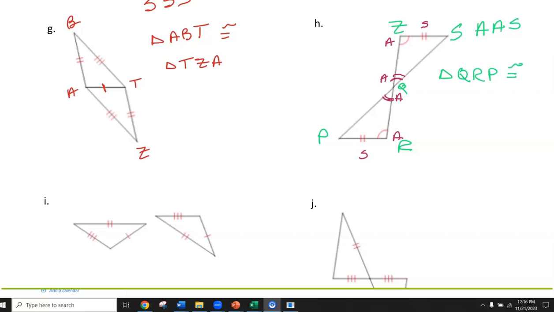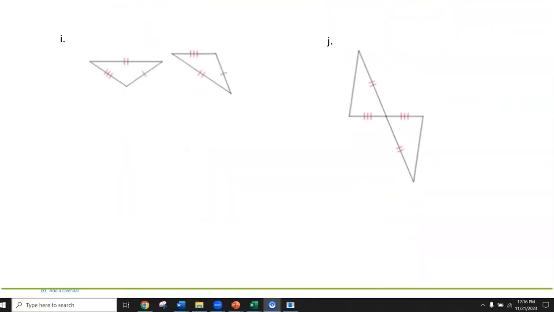Okay, so I went double single. So I've got to do double single. So that's going to be Q, Z, S. Okay. Equal sign. Okay. Let's go to the next one. We've got these two left. This is going to be side, angle, side, and side, angle, side.